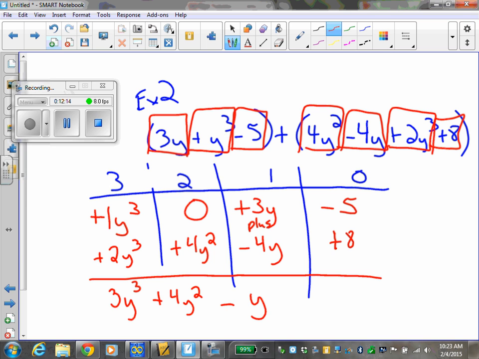Negative y. Very good. And if you put the 1, it's fine. It is a negative 1y, but remember, do you need the 1? No, you don't have to have the 1. So negative y plus 3. Can you add any of these guys together at the bottom? Nope. So here's your final answer. 3y cubed plus 4y squared minus y plus 3.